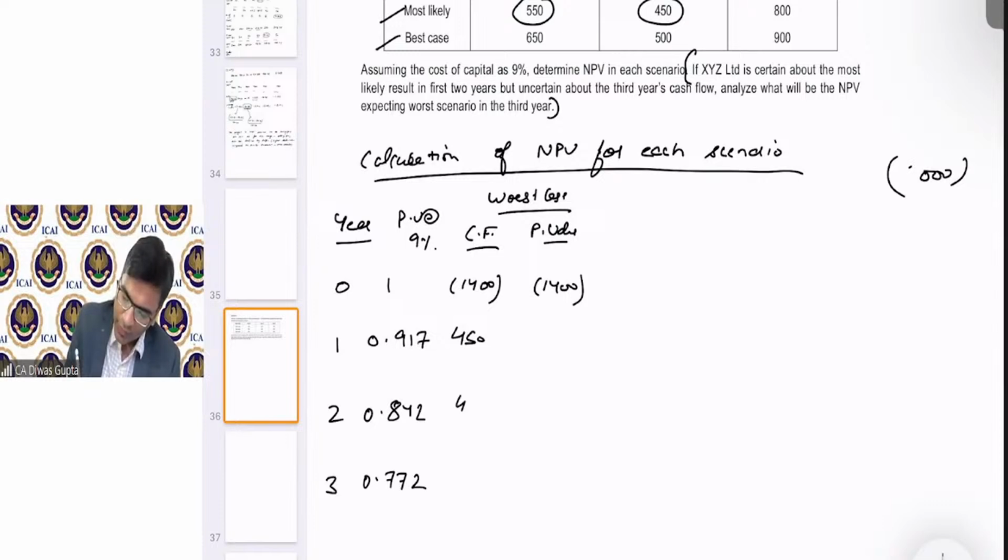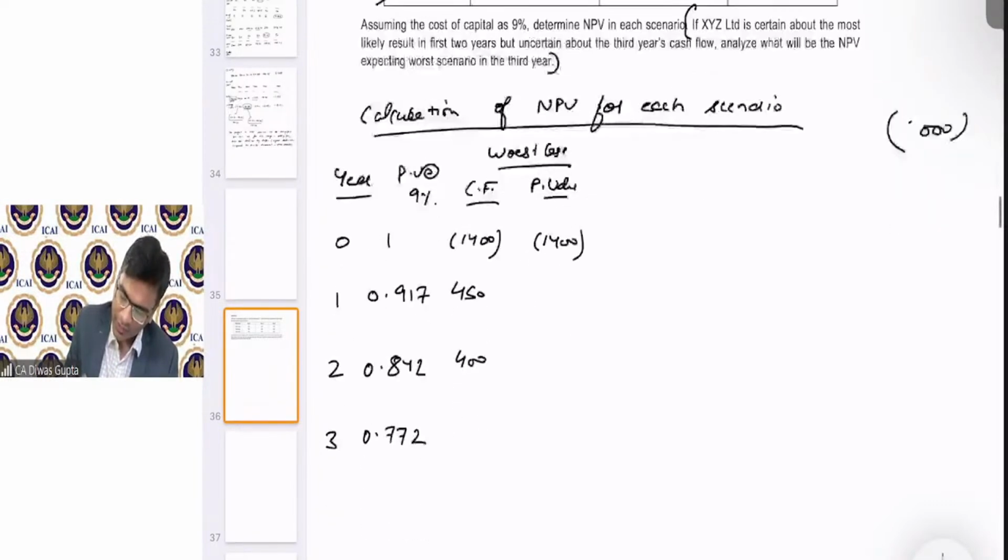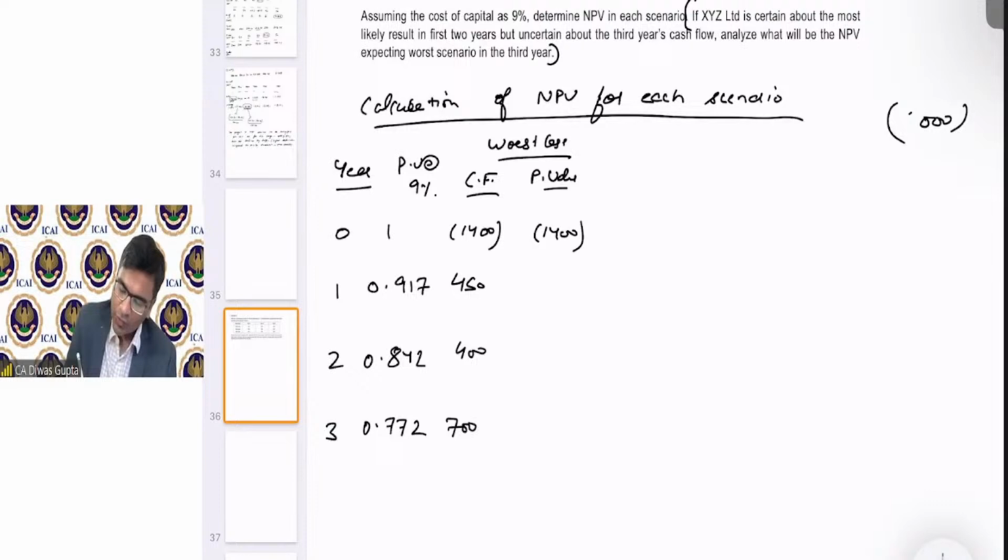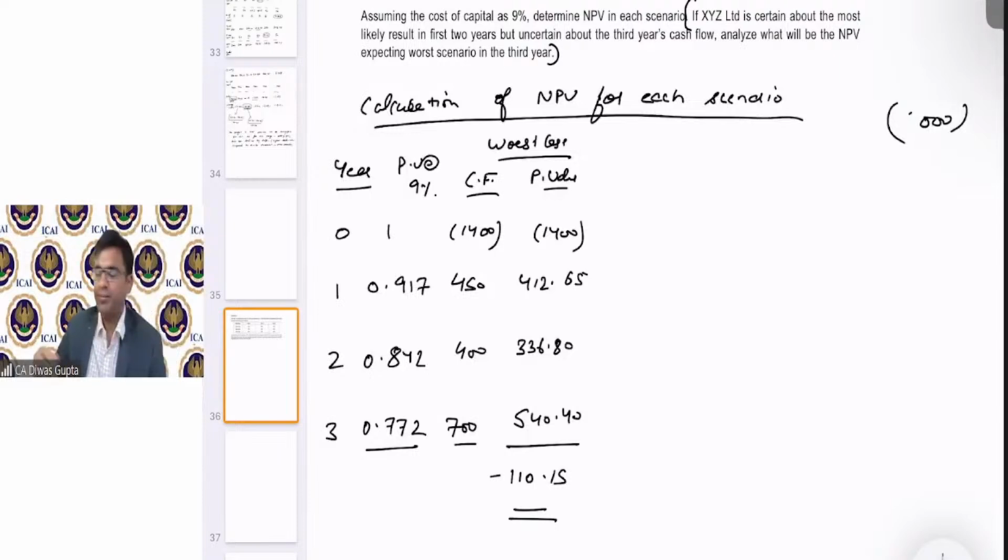Then the next one is 400. We're talking about the worst case. Then the next one is 700. Okay, so 450 multiplied by 0.917. That will be 412.65. 336.80. Then similarly, 700 multiplied by 0.772, which is 540.40. So the worst case present value, if we total everything, comes as minus 110.15.